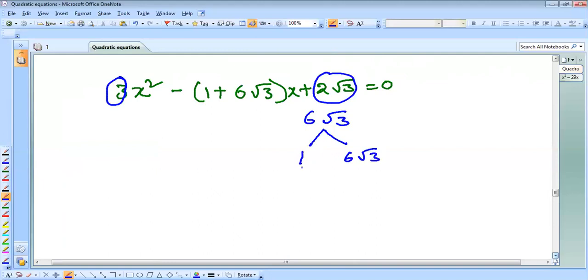Sir, how are you writing 1 and 6 root 3 directly? Because this 1 and 6 root 3 are here. This 1 I am writing here, 6 root 3 I am writing here. That's it. There is no big deal here. There is no logic here. Directly, whatever values you have here, you are splitting these values. And is it plus 1 or minus 1? Before the bracket, this is minus. So minus 1 minus 6 root 3. So the x value will be plus 1 plus 6 root 3.